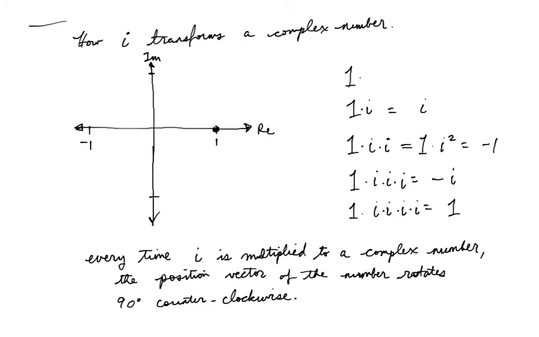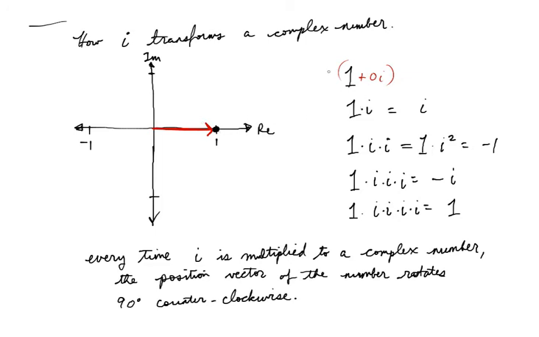Where is i? Normally this would be my starting vector, the vector (1, 0), because that's 1 plus 0i. So that complex number would be represented by this vector.